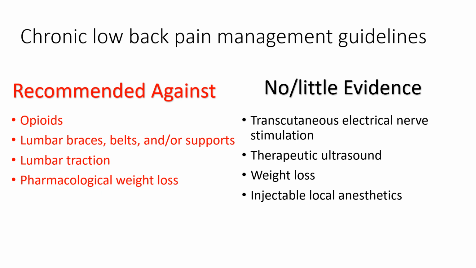Furthermore, transcutaneous electrical nerve stimulation, known as TENS, therapeutic ultrasound, general weight loss, or injectable local anesthetics are also not recommended because there is little or no evidence supporting that they may be effective for reducing chronic low back pain.